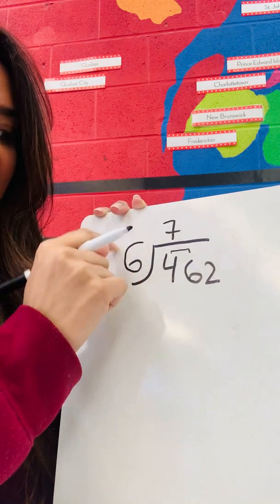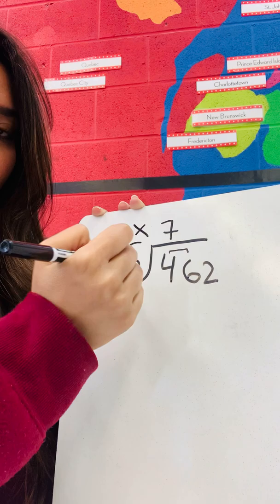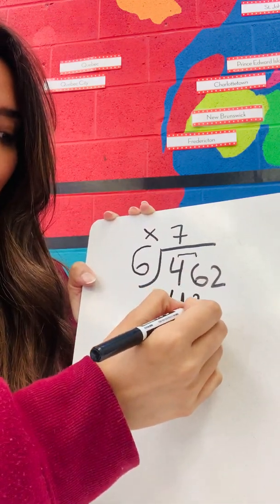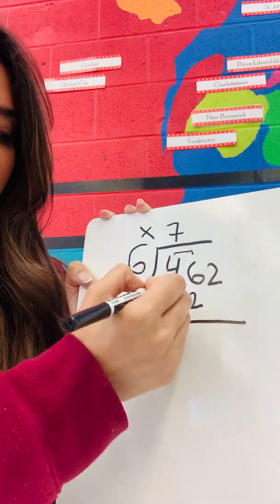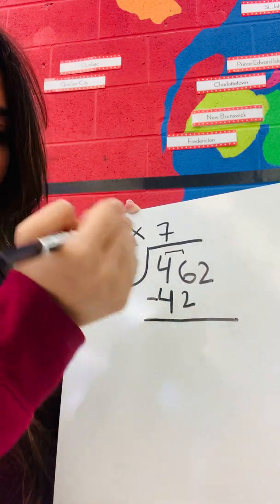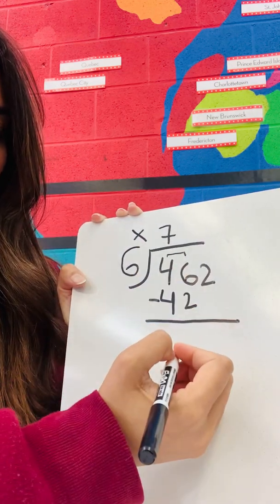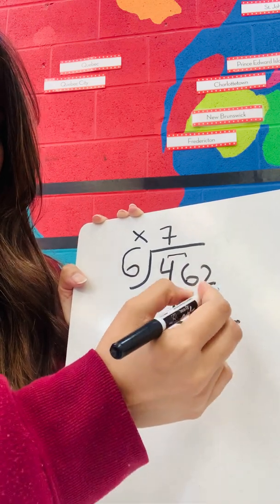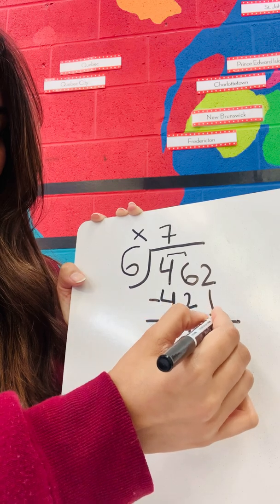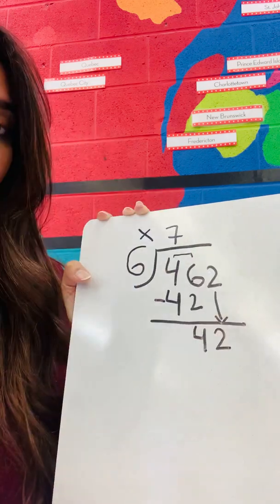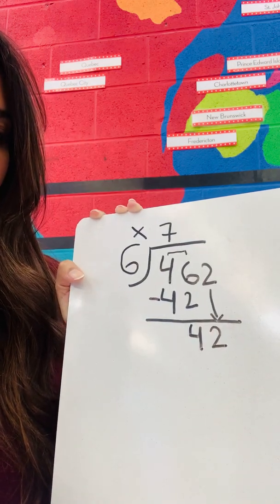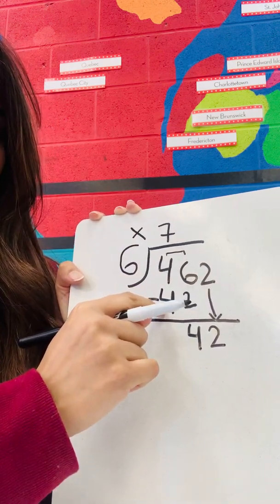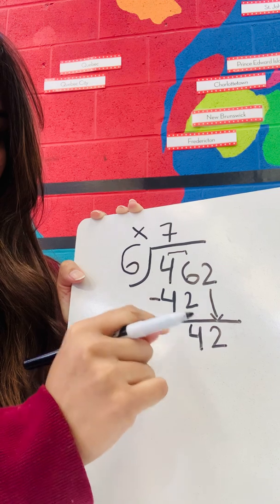And 7 sixes gave us what? That's right, they gave us 42, right? Then we go ahead and subtract. 6 take away 2 gives us 4. Then I need to bring this 2 down. Now this has become 42. I know that there is a 42 in the 6 times table.